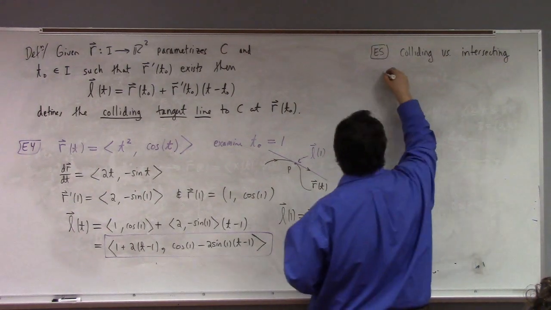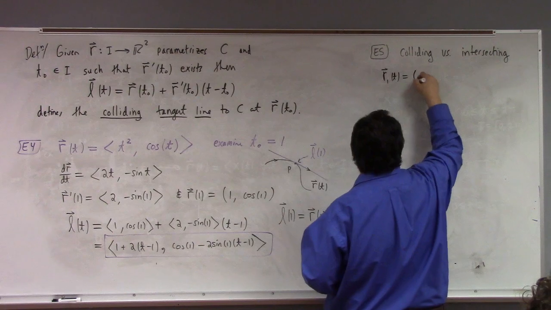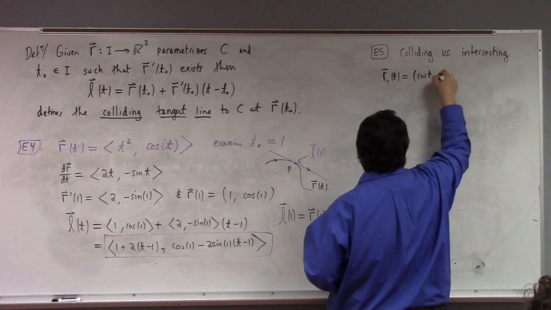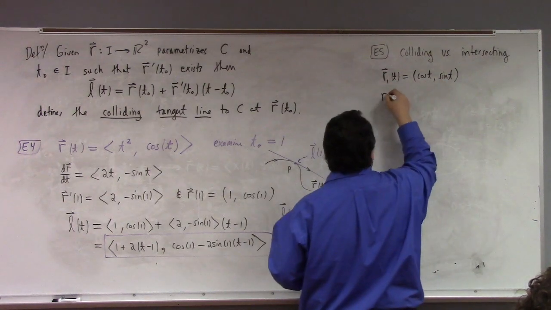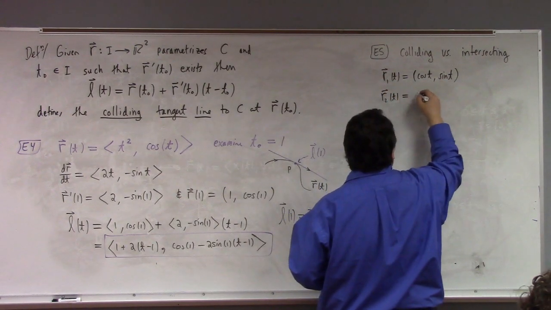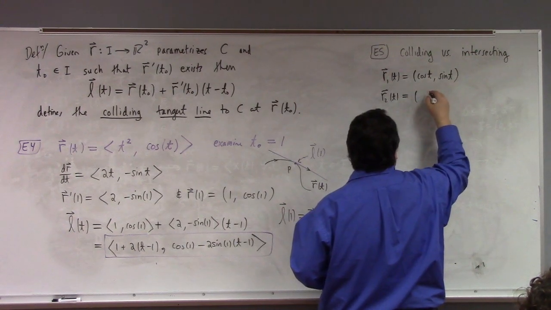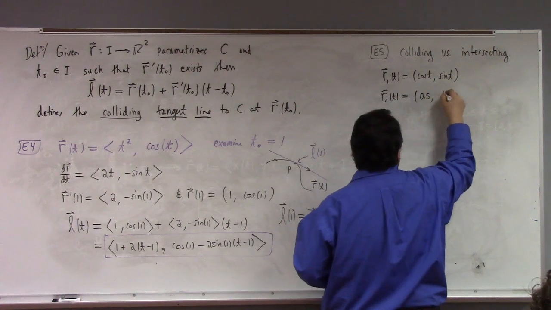So let's suppose we have R1 of t is, let's make it pretty simple, cosine t, sine t. R2 of t is, let's say, 0.5, t.